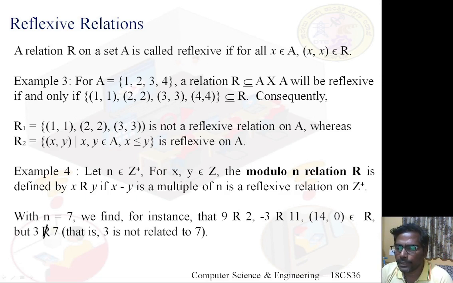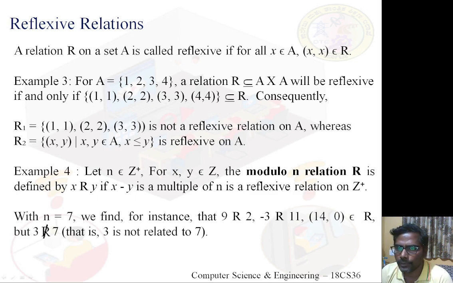Now let us study when we are going to call a relation reflexive or symmetric or transitive or antisymmetric, or all or any few among these 4. First let me have a discussion about reflexive relation.